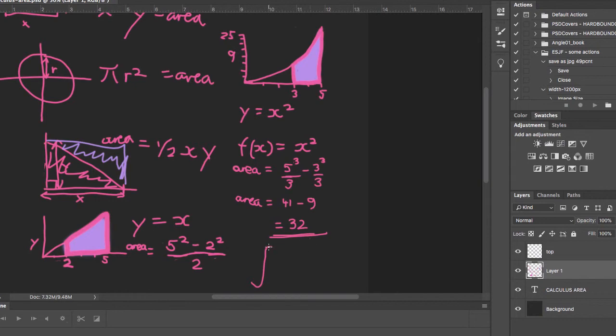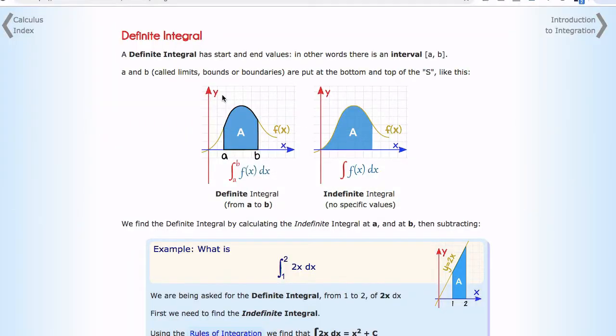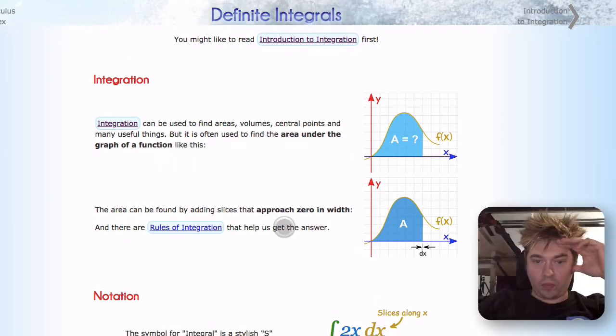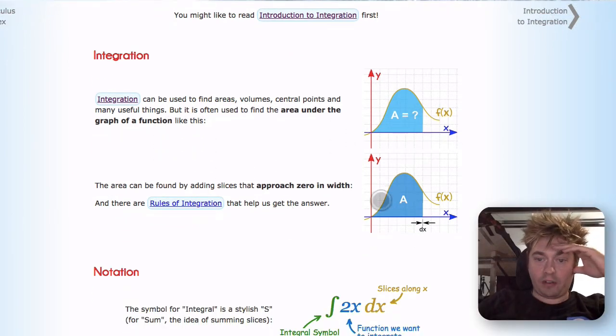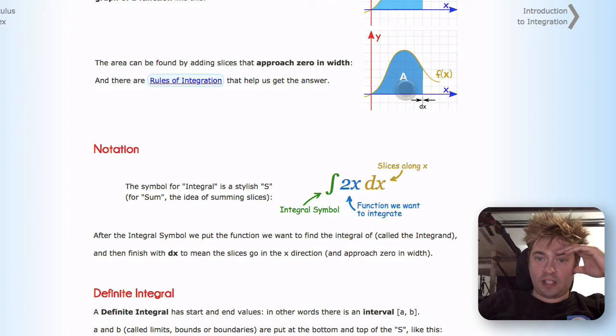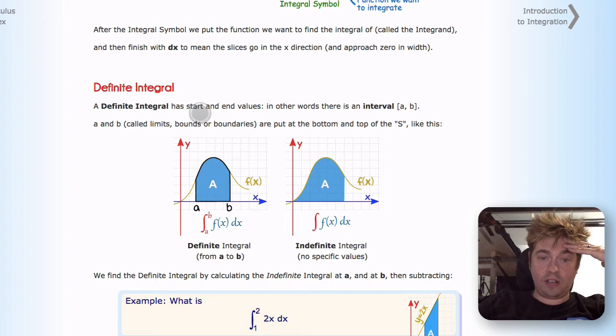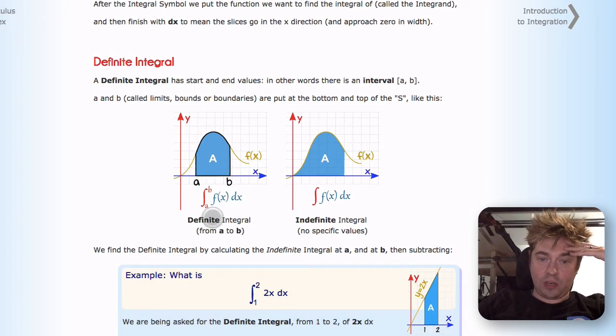Looks like a fancy big S. So what we've been doing up until now is the full area of the graph. Then when we started doing it between two areas, we were talking about a definite integral, so it has start and end values, and the a is the smaller number, which goes at the bottom, and the b is the top value, which goes there.